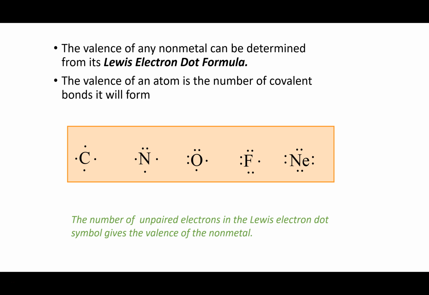What is the fancy name for the 7A group? Halogens, yep. So how many valence electrons for the halogens? 7, yep, so 7A. So we have 2, 4, 6, 7.